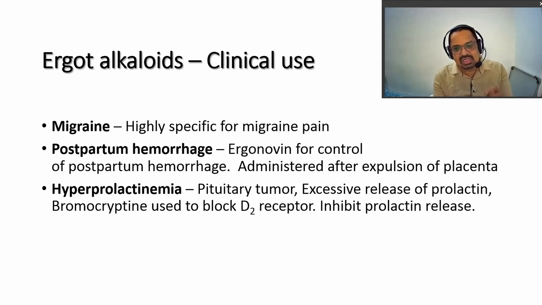This is a pituitary tumor. So there is excessive release of prolactin due to this tumor, which can be well managed by bromocriptine, which also blocks the D2 receptor and inhibits prolactin release.